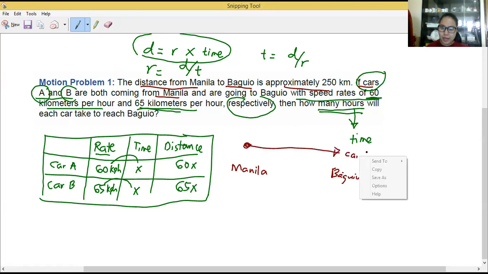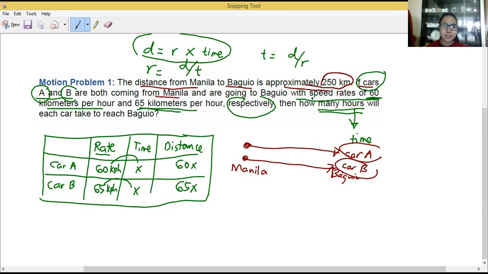This is car A. Car B is also moving from Manila to Baguio. This is car B. So we say that the distance of car A is the same as the distance of car B. And remember, the distance is approximately 250 kilometers.